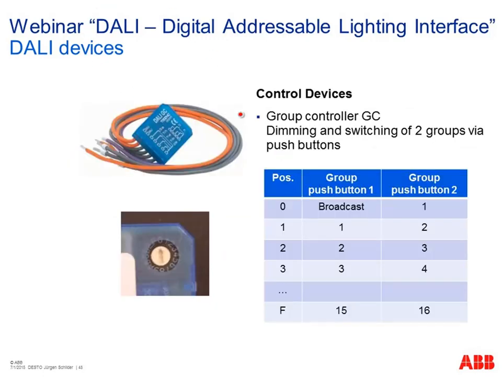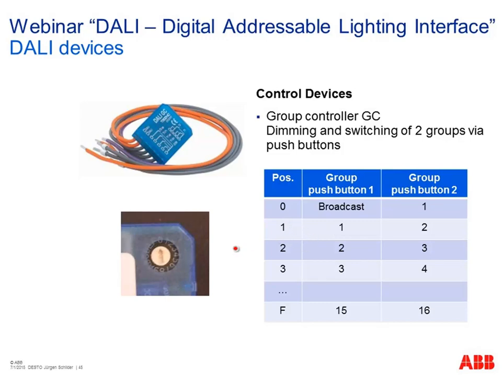So the next step, we have the so-called control devices, devices which can send telegrams to the DALI system. At first, the so-called group controller, GC. It's a kind of input module. We have two different inputs, and on these inputs we can connect standard push buttons, and depending on this rotary switch, which you can set via a screwdriver, for example, in up to 16 different positions. By pressing one input, the group controller sends group telegrams to the ballast or to our control elements.